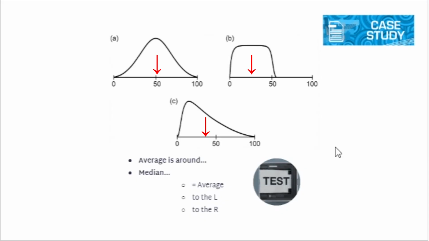And then because the right side has a distribution that falls further away from that point, the average should be moved to the right of that middle point. Okay, so in this case I would say the average is around 40, and the median is somewhere to the left of the average.